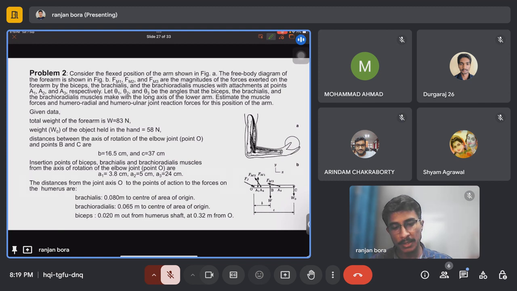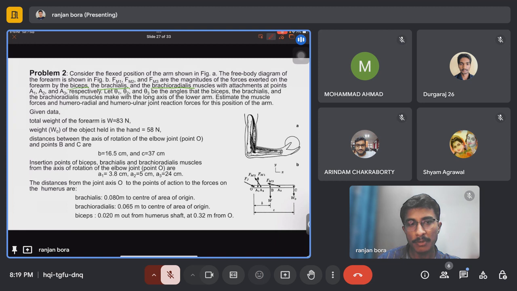Here there are three muscles: the biceps, brachialis and brachioradialis. This type of problem is also there in week two contents, where in the part on the elbow joint, sir has discussed this problem.